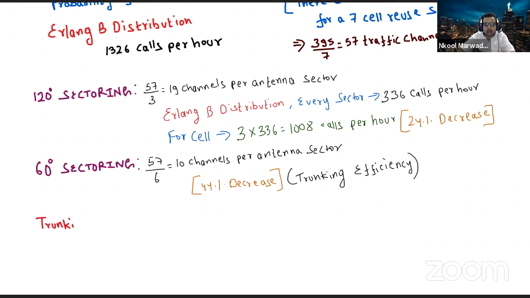I have trunking efficiency and I have S by I ratio, signal to interference ratio.